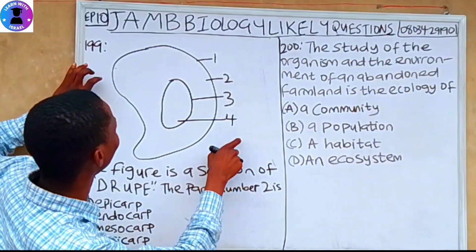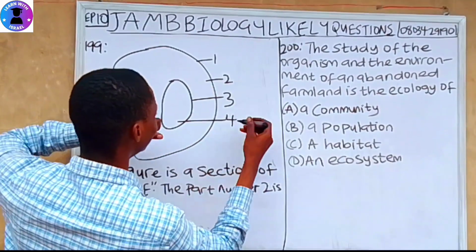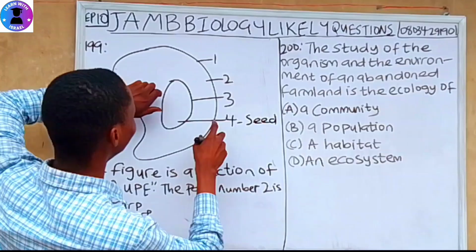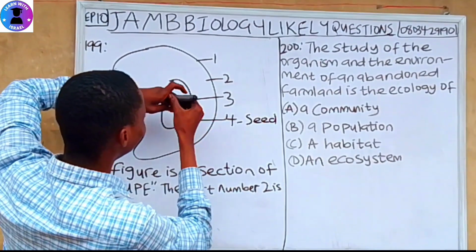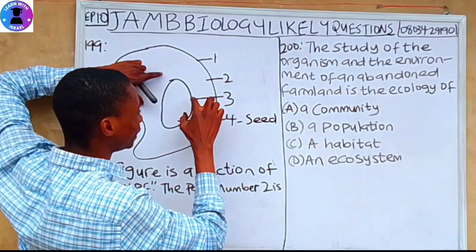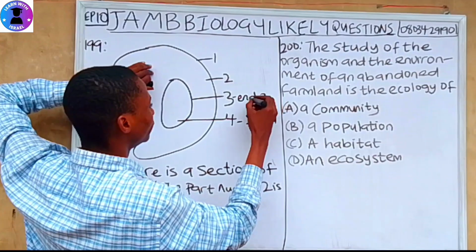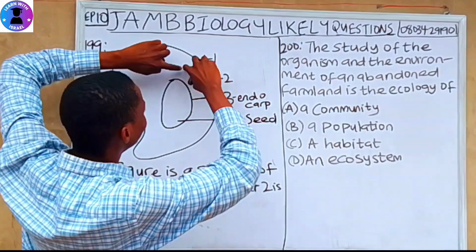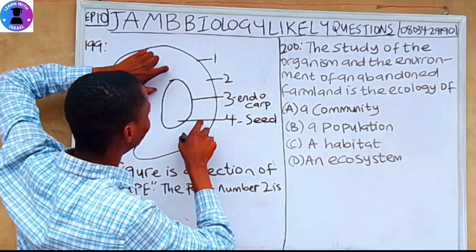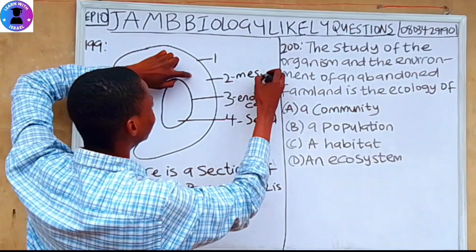So this diagram, starting from here, this is the seed. Label number 4 is the seed. While the number 3, you can see this is the lining of the seed, and this lining of the seed is known as the endocarp. While the space in the drupe is called the mesocarp, as you can see.